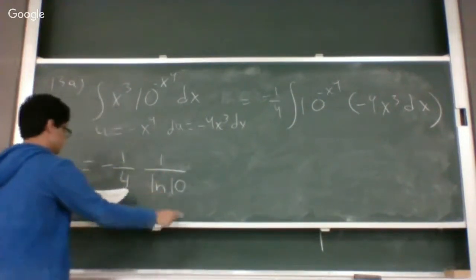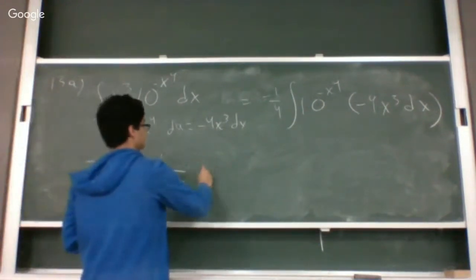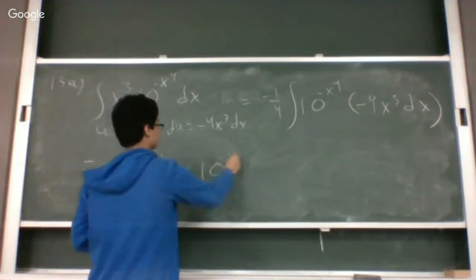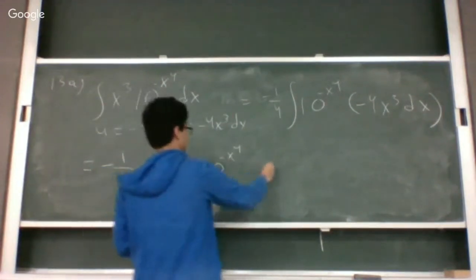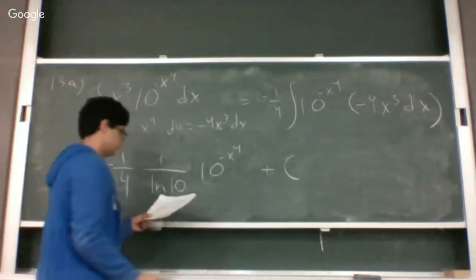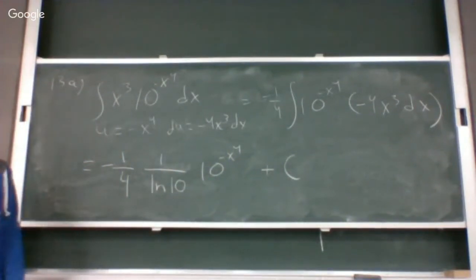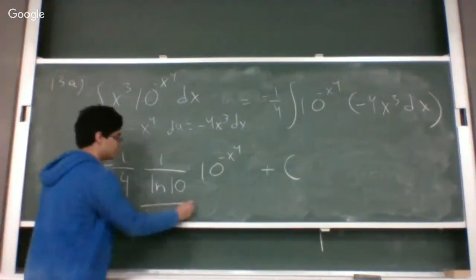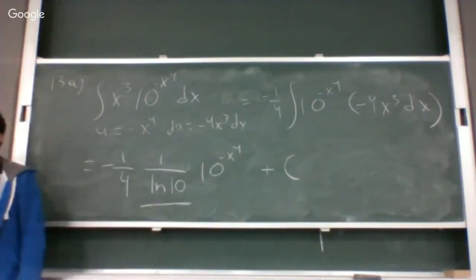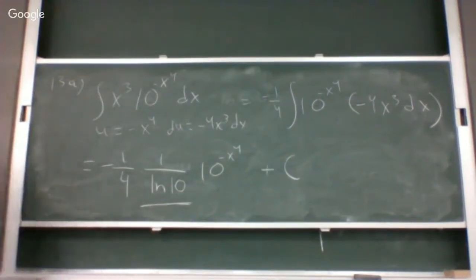So this is 1 over natural log of 10 times the function itself, 10 to the negative x to the fourth, plus c. This is something you need to remember, and all of it is written on the review.